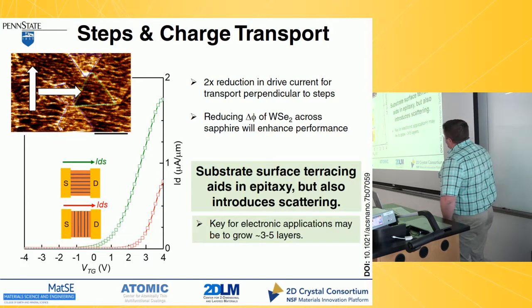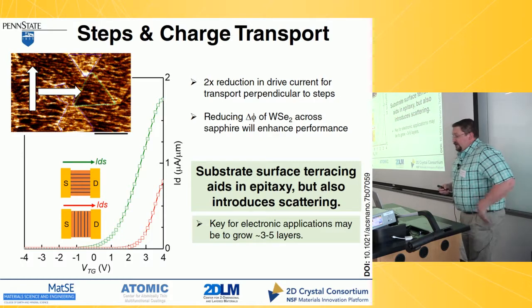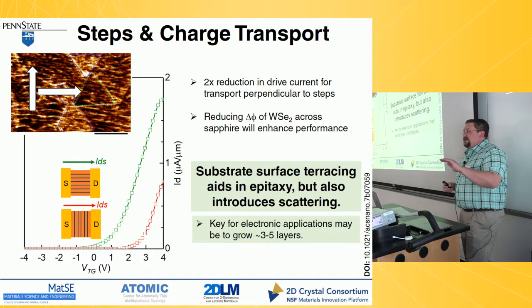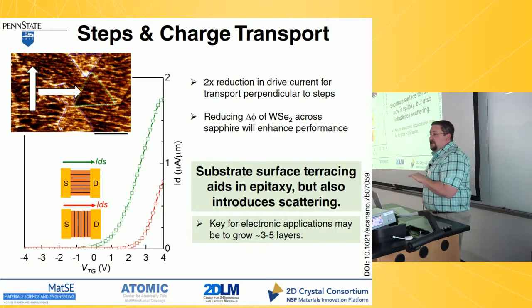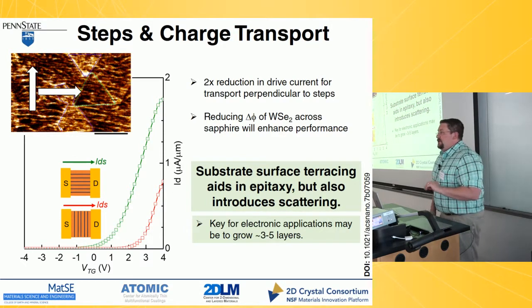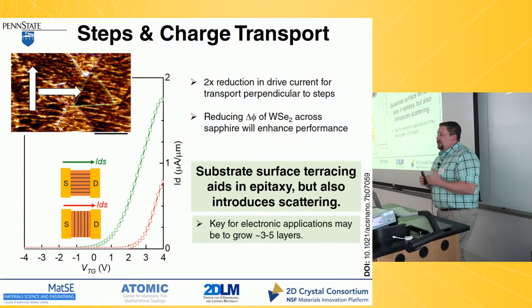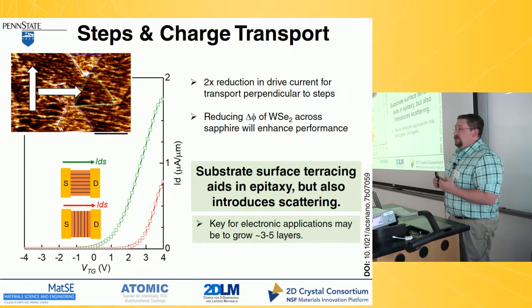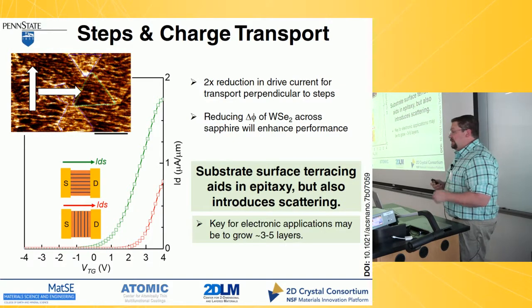So the real takeaway is that substrate terracing may be very important in nucleation and growth of these 2D materials, but it's also going to impact the transport properties of your system. And this is not unlike epitaxial graphene, so graphene grown from silicon carbide, where you have resistance differences on the order of 3 to 10x, whether you're going parallel or perpendicular to the steps.